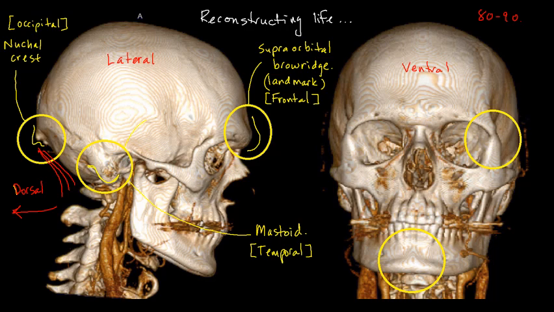Moving to the ventral view, on our mandible, we find something that's called a mental eminence. Like I said, that's on the mandible. And we see it right here, that area there.